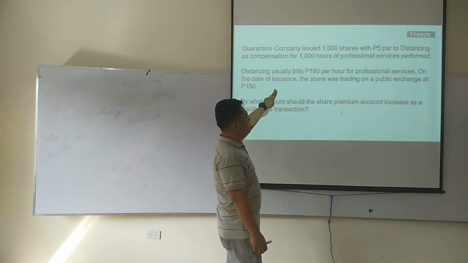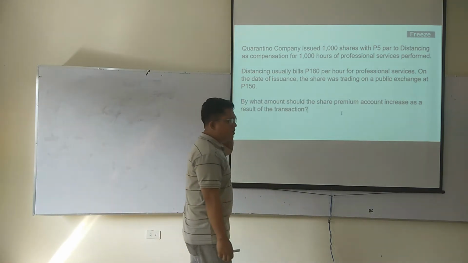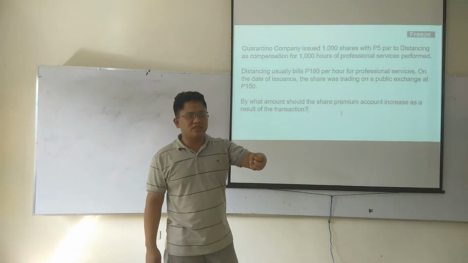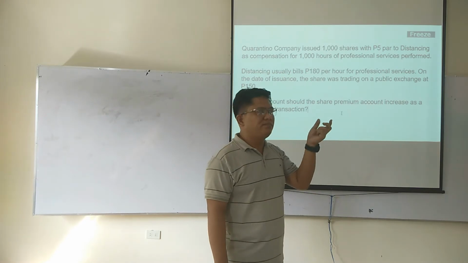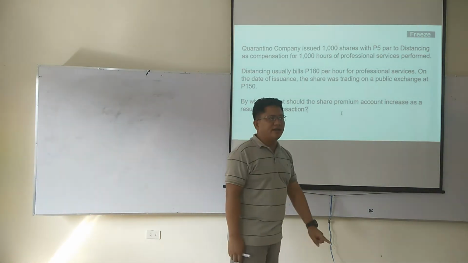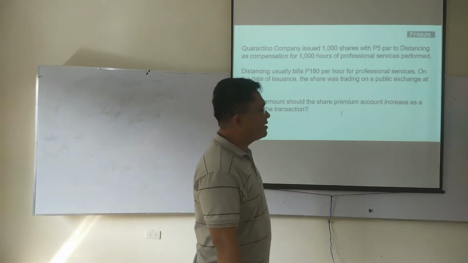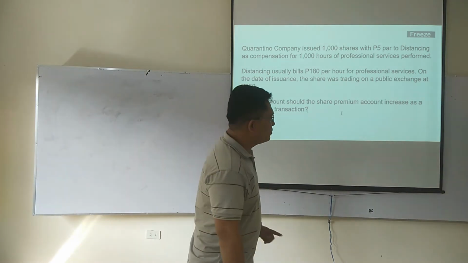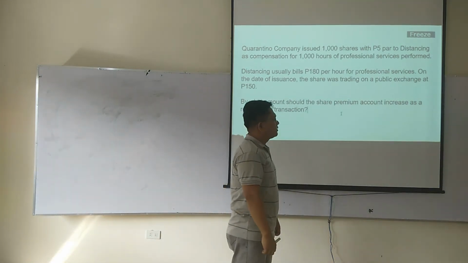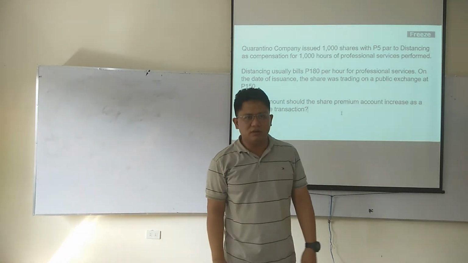Distancing usually bills 180 per hour for professional services. The question is, is this the fair market value of the professional service rendered? Because if this is the fair market value, we will record the transaction at 180 times 1,000, so that's 180,000. But normally, when professional services are rendered, this billing is negotiable.